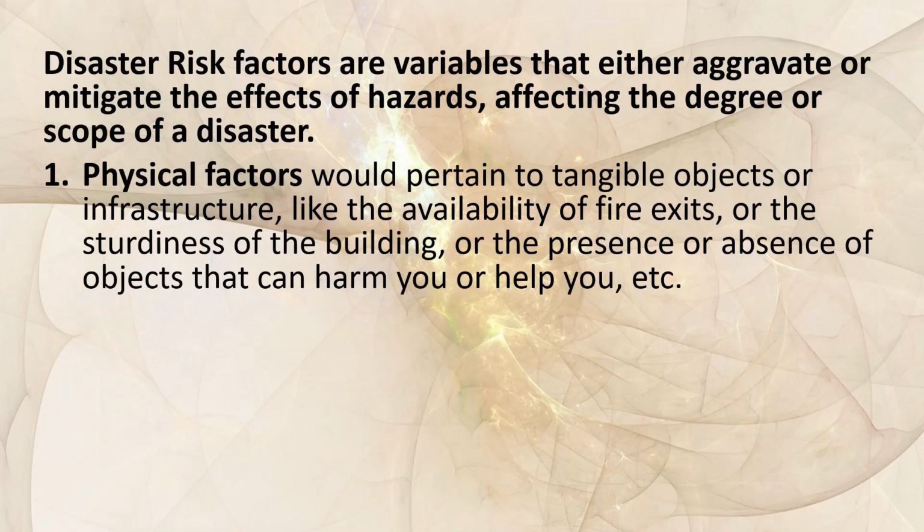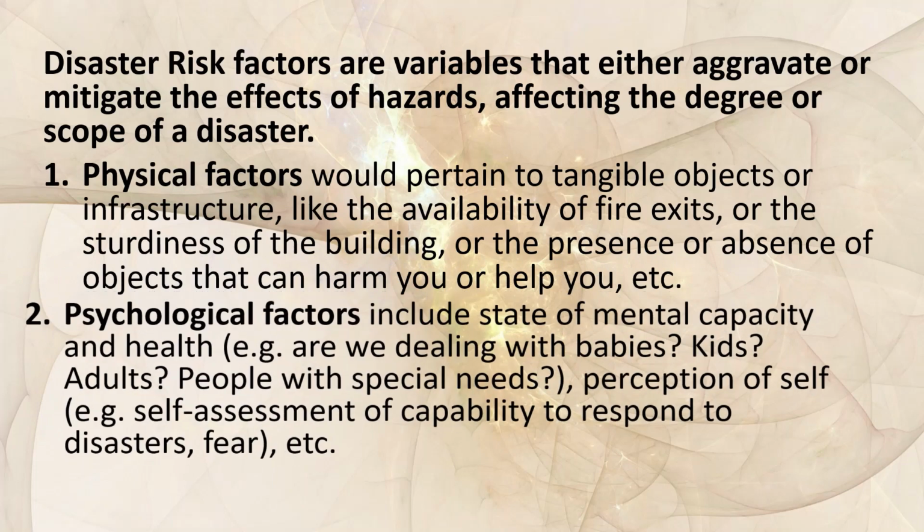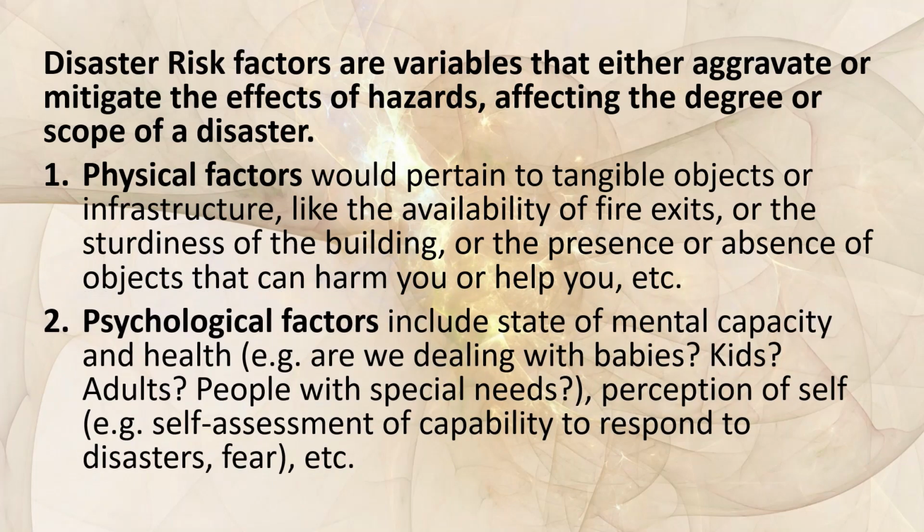Psychological factors include the state of mental capacity and health, for example, are we dealing with babies, kids, adults, or people with special needs? It also includes perception of self, self-assessment of capability to respond to disaster, or fear.